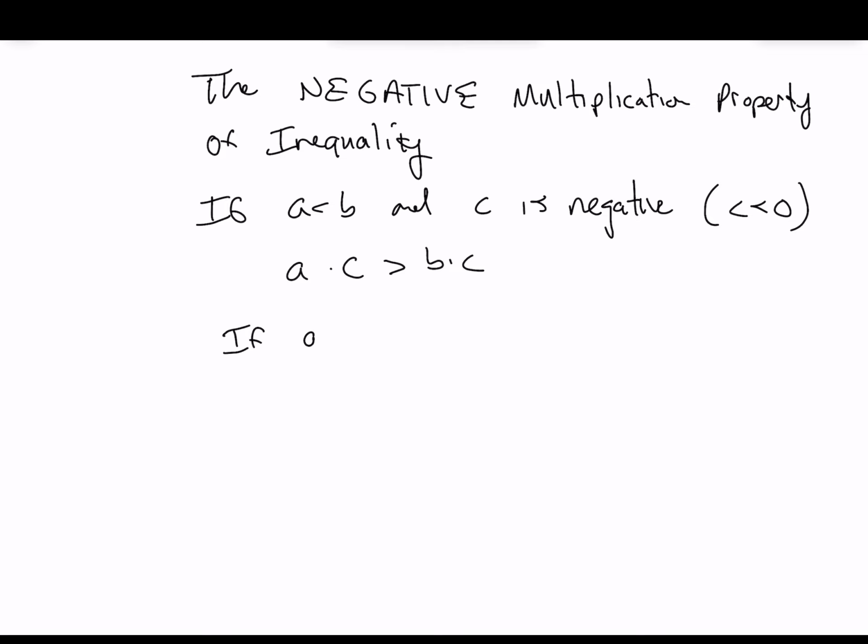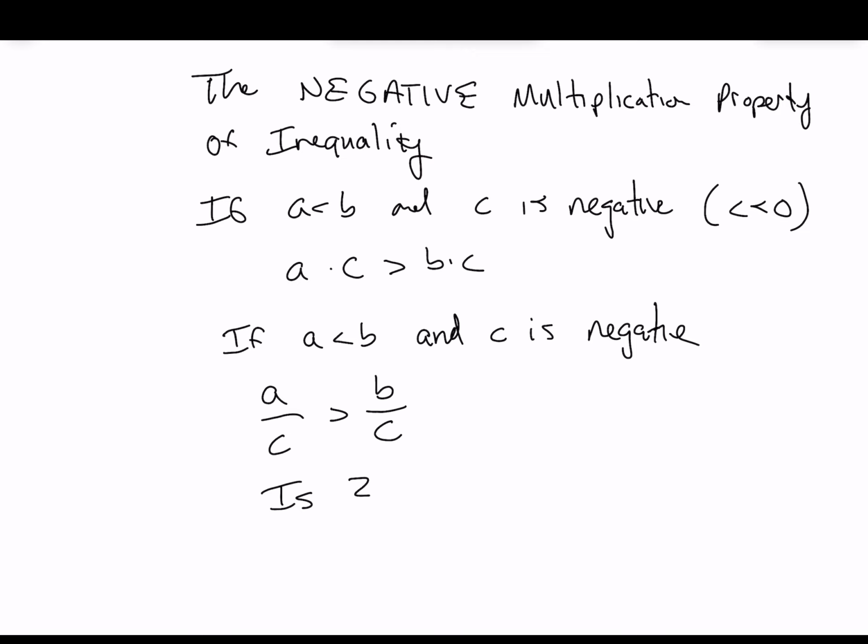So also, if A is less than B and C is negative, then A divided by C is greater than B divided by C. So is 2 less than 3? We've asked that a couple times now. We know that answer is yes. Well, if I multiply both sides of that inequality by a negative 1, then I get negative 2 and negative 3.